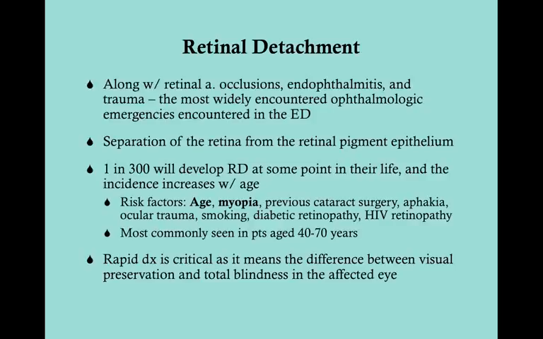My guess would be that with myopia, the eye is typically a little bit more elongated, and so that might stretch the retina out and make it a little weaker. But I'm not sure on that.